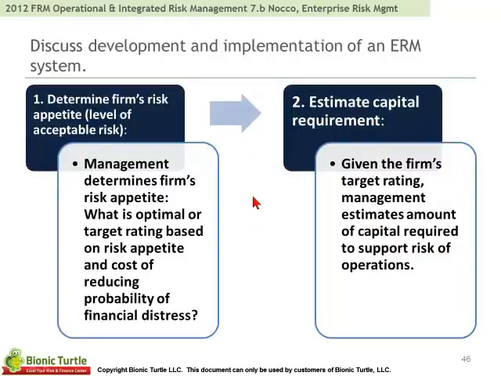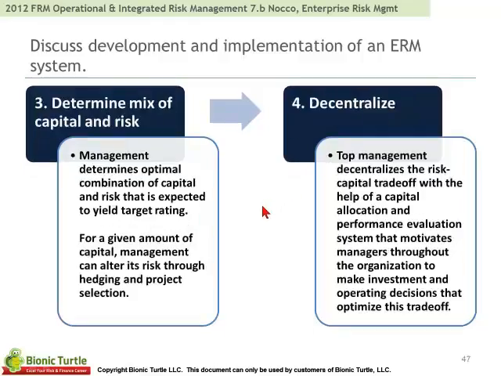And so the generic steps here are: 1, determine the firm's risk appetite, that's the level of acceptable risk. 2, estimate the capital requirements. 3, determine the mix of capital and risk. And 4, decentralize, which in practice would be an important step, to operationalize, or to imbue the firm with the results of the risk analysis.